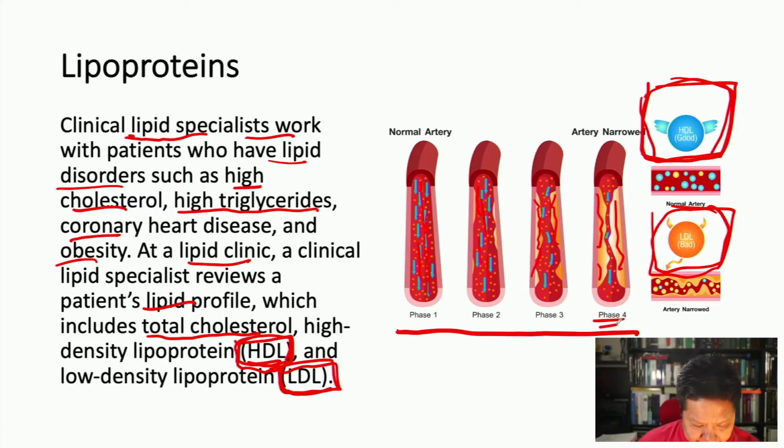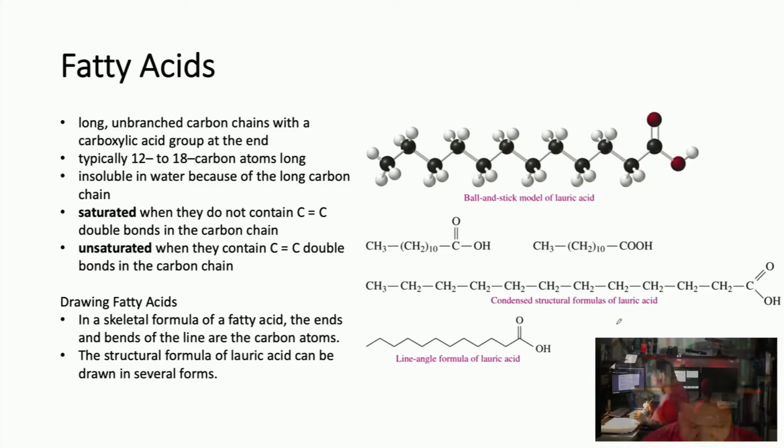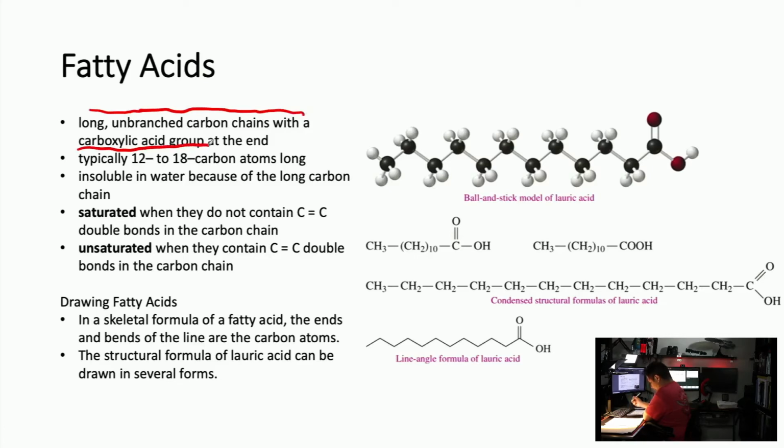All right, so let's talk about fatty acids specifically, right? Like I said before, on the very first intro page, they're long chain unbranched carbons with a carboxylic acid. And like I was saying before as well, generally at physiological pH, the carboxylic acid is actually in the form of its conjugate base, the carboxylate version.